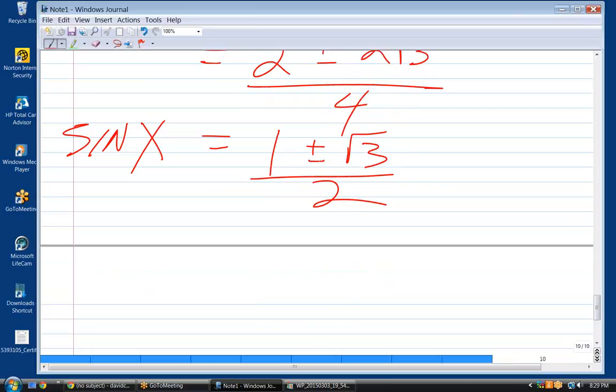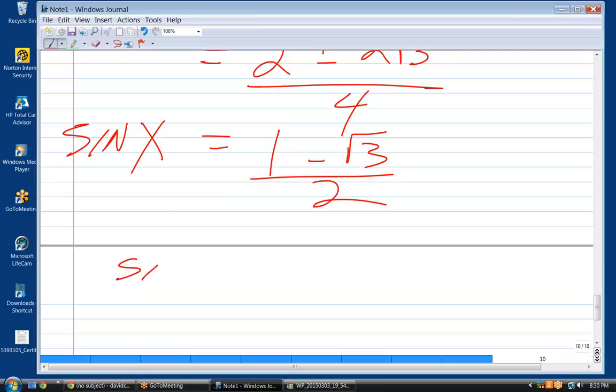Well, if I use the plus value, I get the sine of x as a number greater than 1, because root 3 is like 1.7. So if I have 1 plus 1.7 divided by 2, I get a number greater than 1. Impossible. So I can't use the plus. I can only use the minus.